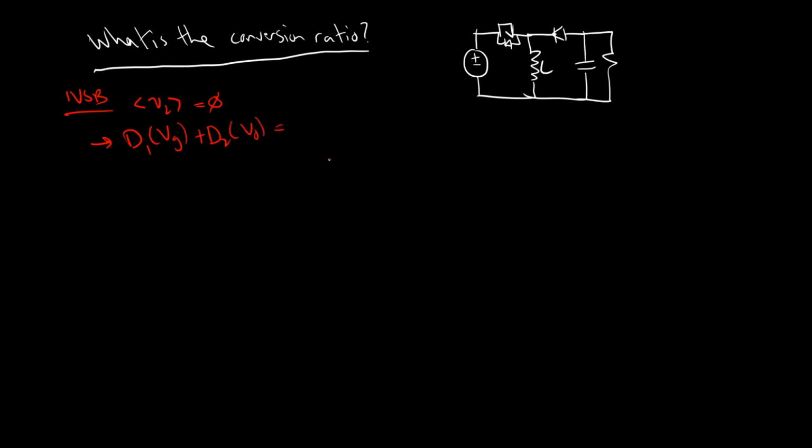And in the third interval, the diode tries to conduct negative current, but it can't, which means that the inductor current must be 0. And when the current is 0 and stays 0, then the voltage must be 0. So we could say the voltage across the inductor equals 0 in the third interval. So we have D1 VG plus D2 V out is equal to 0.